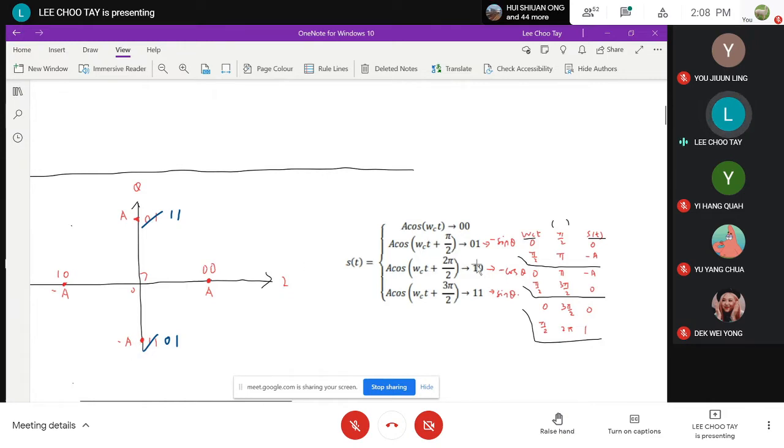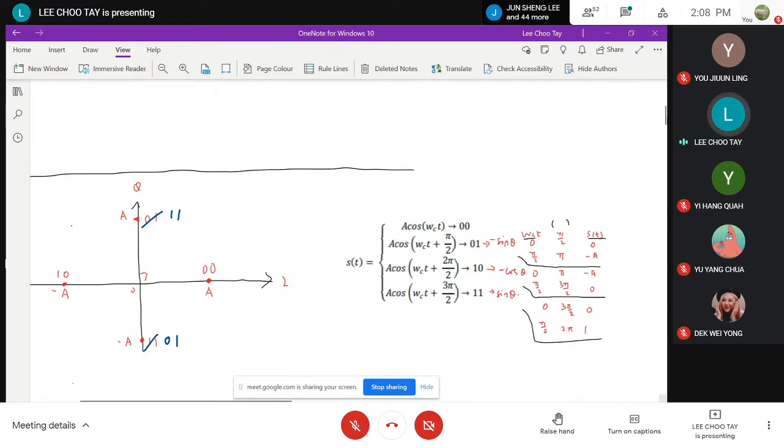And then for 1, 1, if you substitute the value for omega t, when it's 0, the bracket will be 3 pi over 2. So cosine of 3 pi over 2 will give you 0. But when omega t is pi, you need to find the cosine of 2 pi, which is 1.